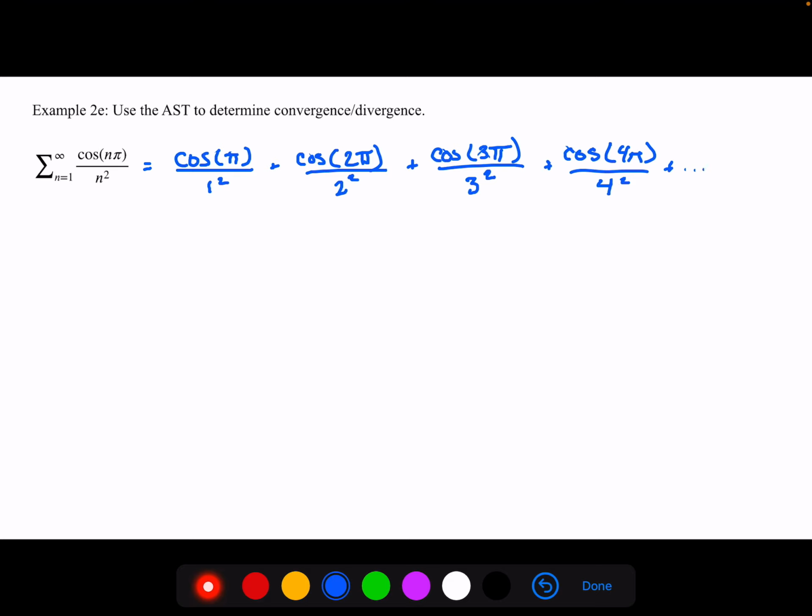Well, the cosine of pi is -1. The cosine of 2 pi, if we think about this, brings us back to 1. So we have a -1 over 1 squared plus 1 over 2 squared.